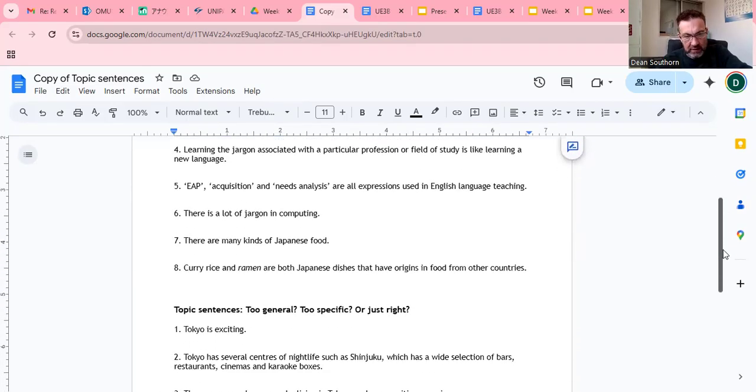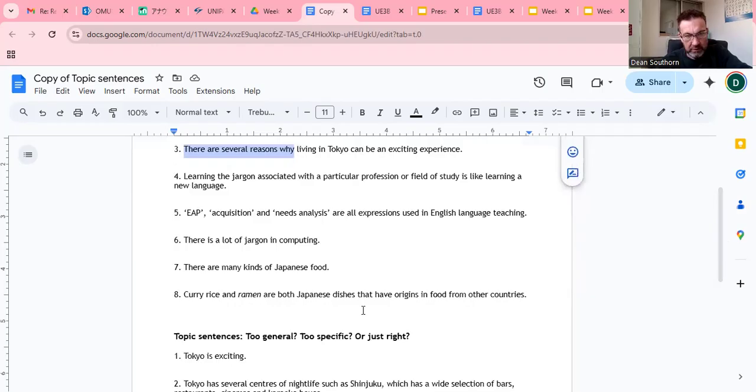Okay, and then we looked at the other example of Japanese food. There are many kinds of Japanese food, far too general. You could write 4 books on that or more. And then this one, too specific. These have examples included. Doesn't make a good topic sentence.